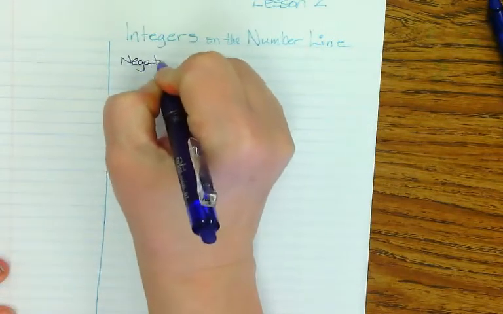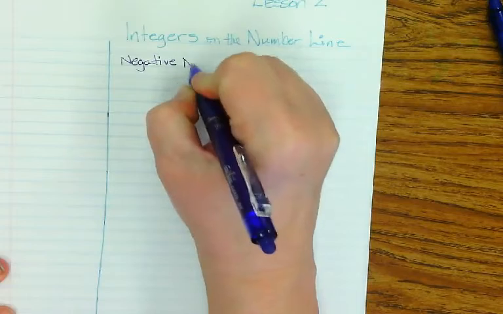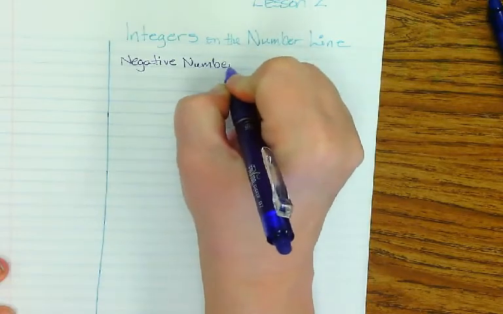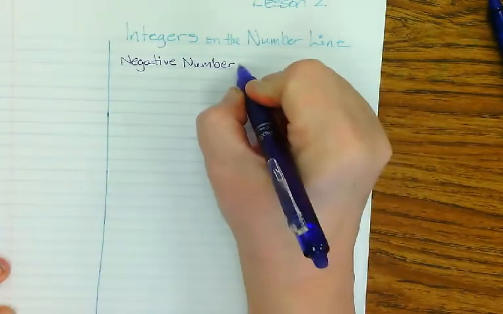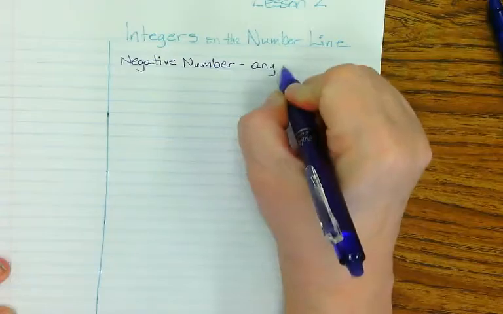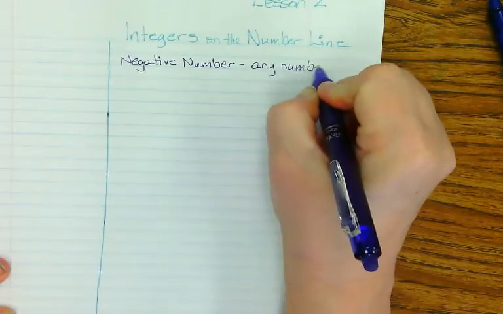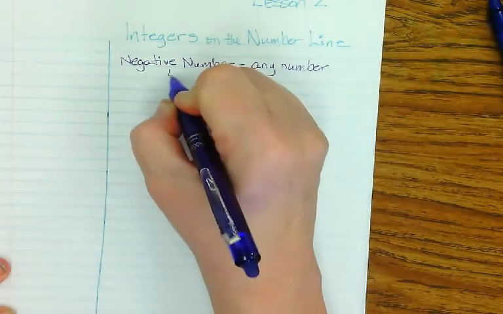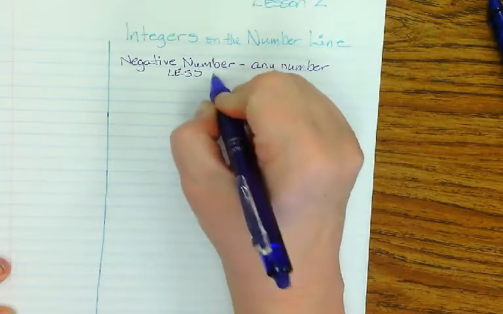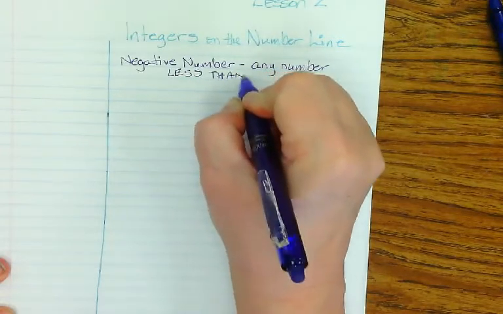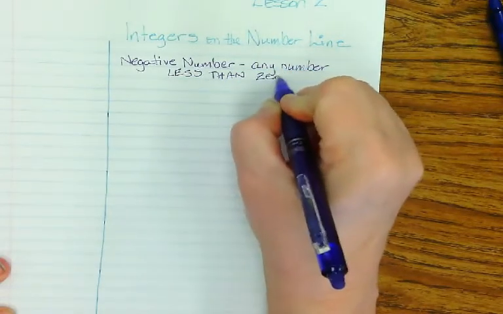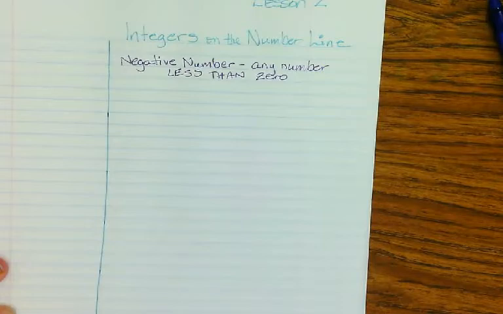So first of all, let me tell you that a negative number is any number less than 0. Okay? Any number less than 0.